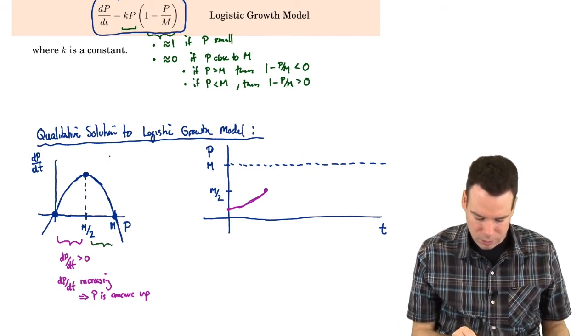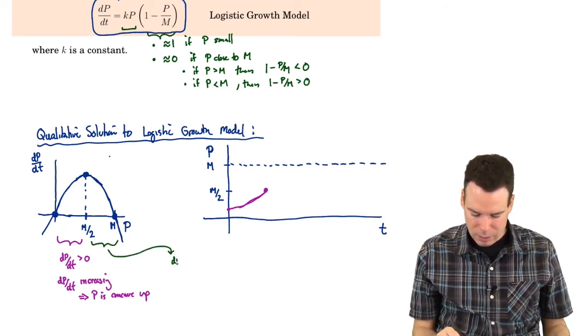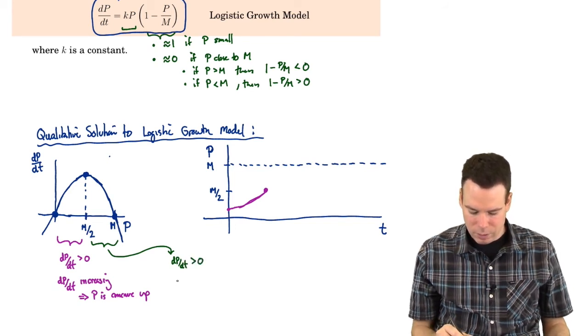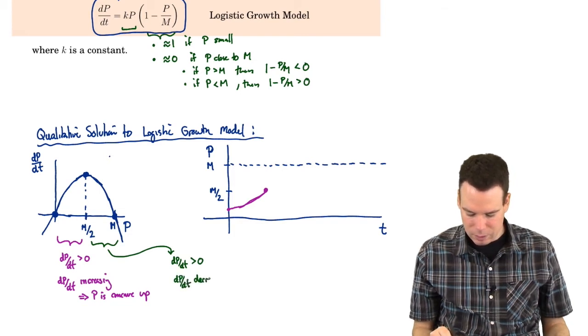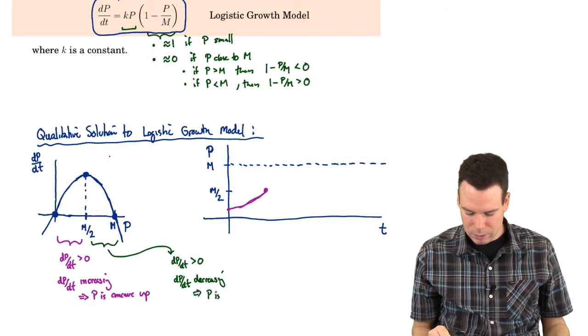What's happening on this interval? On that interval, dp/dt is still positive, so the function p is still increasing, but dp/dt is decreasing. And so that means that p is concave down.